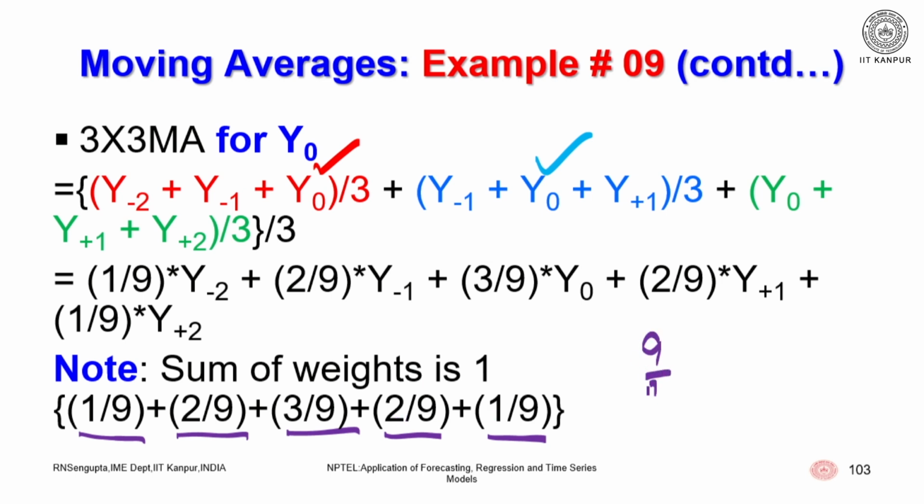So, it is 9 by 9, which is 1, as it should be. Now, the question may have come to your mind: why am I trying to find the weightages and why do I keep repeating the weightage values? This point will become clear very soon.